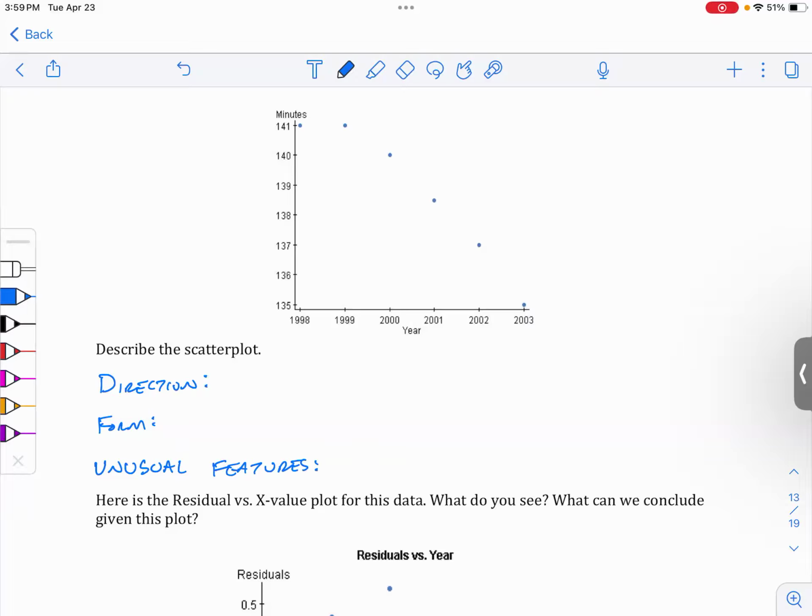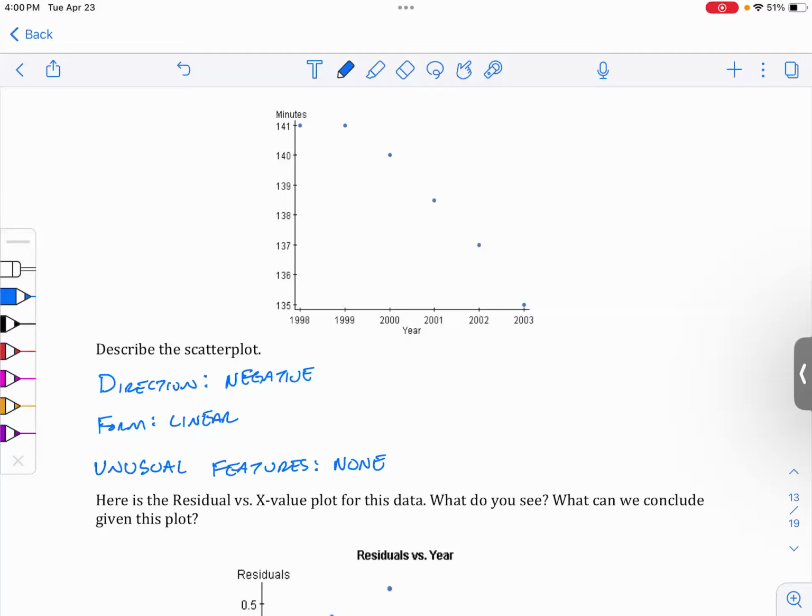Okay, so the direction looks negative. All right, as for the form, does that look like a line? Yeah. And I don't see any unusual features. All right, negative, linear, no unusual features.